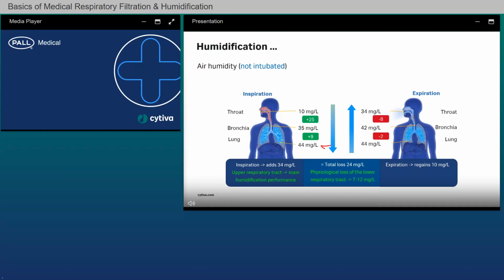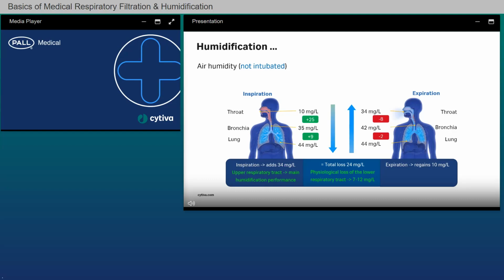And then the air in our lungs contains about 44 milligram per liter, which is a cozy 100% saturation at 37 degrees Celsius. And that is what the lung needs to perfectly function. You remember, too dry, too wet is not good and would compromise the functionality of the lung.